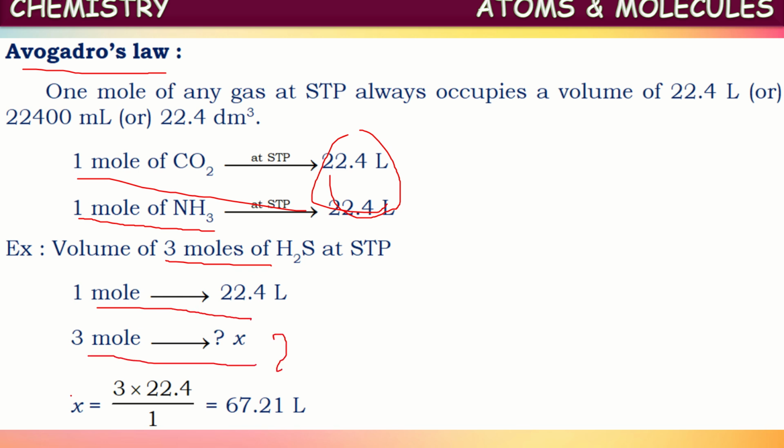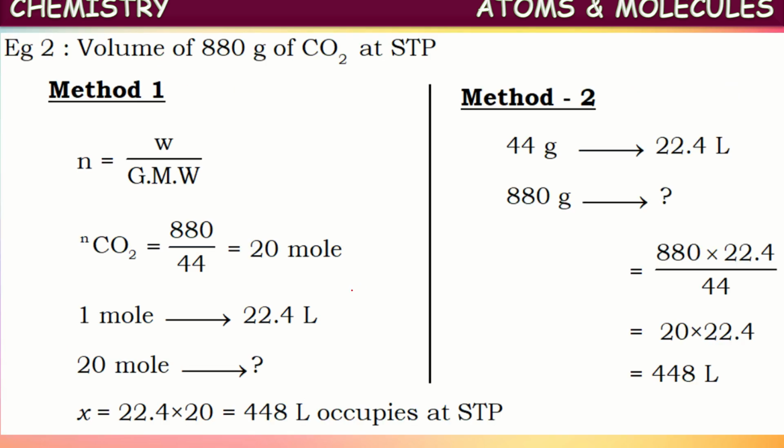So X is equal to 3 into 22.4 liters by 1, which gives 67.2 liters. That means 3 moles of hydrogen sulfide gas at STP occupy 67.2 liters of volume.